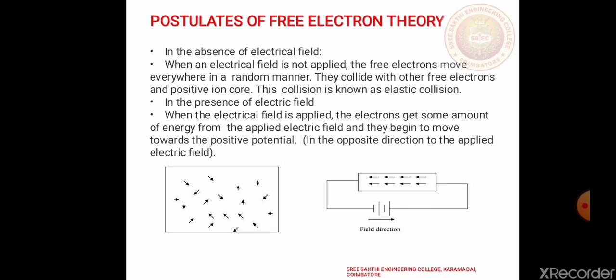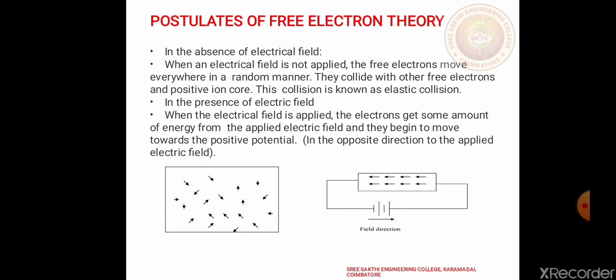Diagram 1 shows the elastic collision between the free electrons and positive ion core. The free electrons move randomly in all directions and hence the potential energy is 0. The free electrons collide with each other and with the positive lattice elastically without any loss in energy.